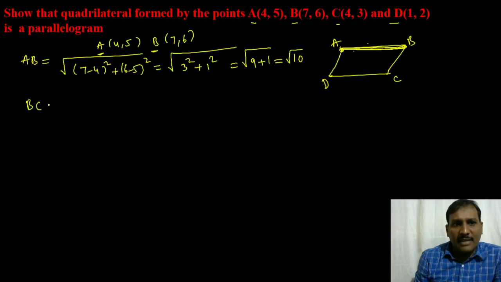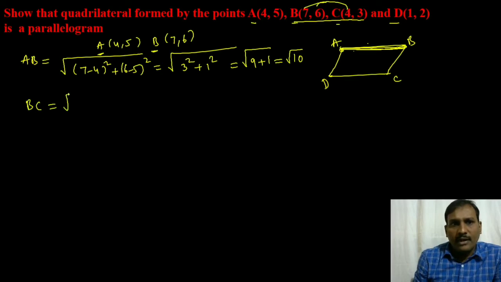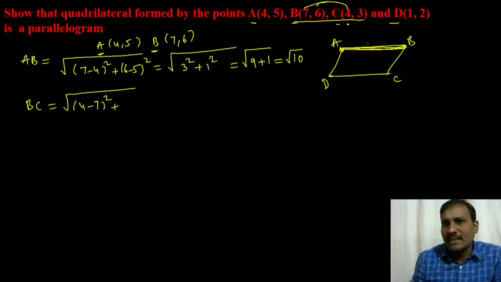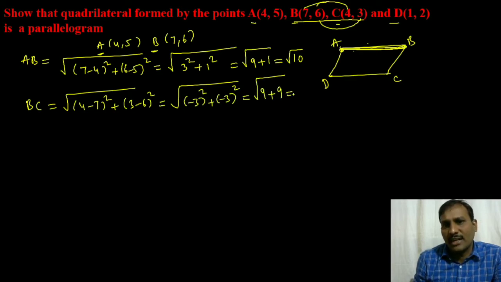Now let us take BC. What is BC here? Square root of (4 minus 7) whole square plus (3 minus 6) whole square, that is (y2 minus y1) whole square. So 4 minus 7 is minus 3 whole square plus 3 minus 6 is minus 3 whole square. Minus 3 whole square is 9, and again 9, 9 plus 9, root 18.